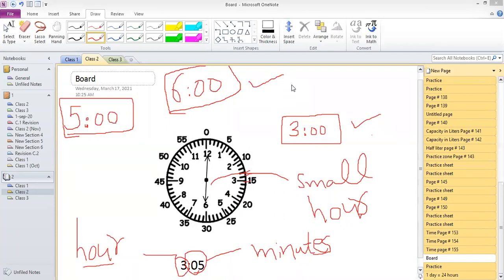Listen, Saud. First, we will practice in the class. I will change the time, I will ask you, you will participate in the class. Once we have a command, then I'll give you the worksheet, and you will solve that worksheet. We will also solve the questions in the book related to time.